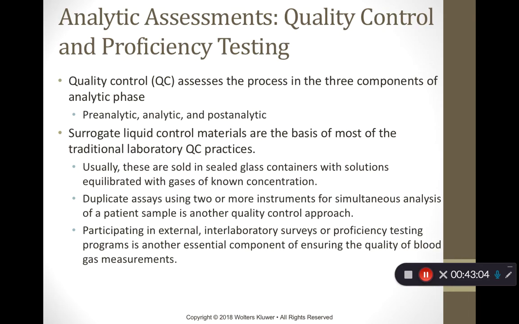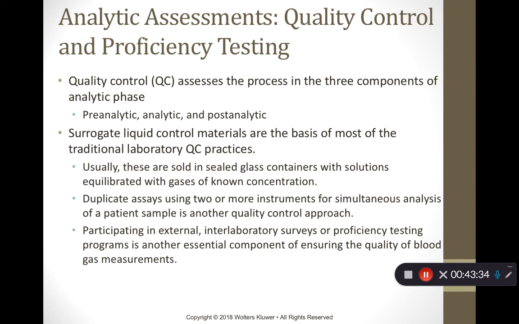So quality control, QC, procedures are performed routinely when doing blood gases, and this will assess the process in the three components of the analytical phase. So obviously QC requires assessing pre-analytical, analytical, and post-analytical. For QCs, we use surrogate liquid control materials, which are the basis of most of the traditional lab QC practices, right?